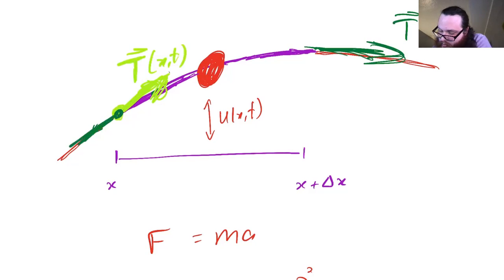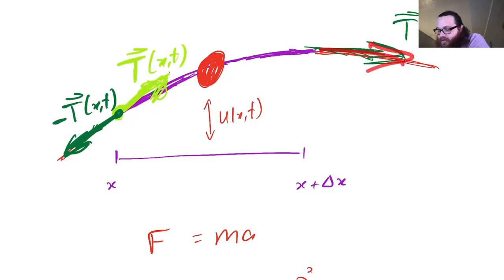Well, that's going to be this vector, which is going to be minus T of x comma t. The minus is just because instead of facing this direction, we're facing the entirely opposite direction. Okay. So these are the two forces acting on this particle, coming from the string.